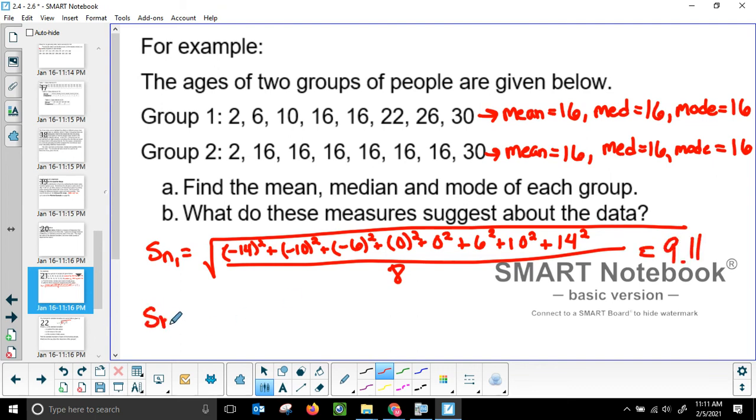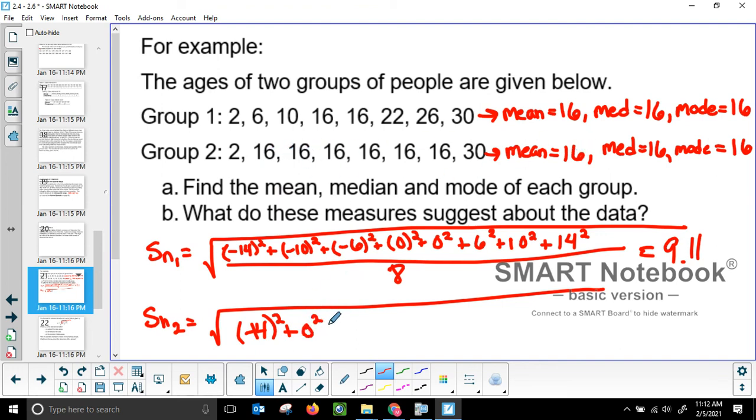If we did it for the second group, my mean is 16 again, so 2 minus 16 is negative 14. Negative 14 squared. Now, all of these 16s, 16 minus 16 is just 0. So we're going to have a lot of zeros, which you wouldn't really have to write in here, but just for the sake of explanation.